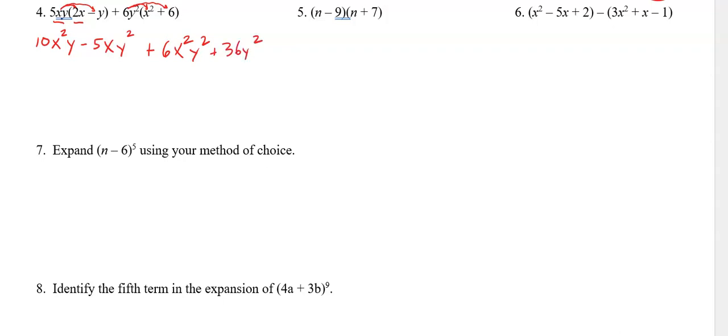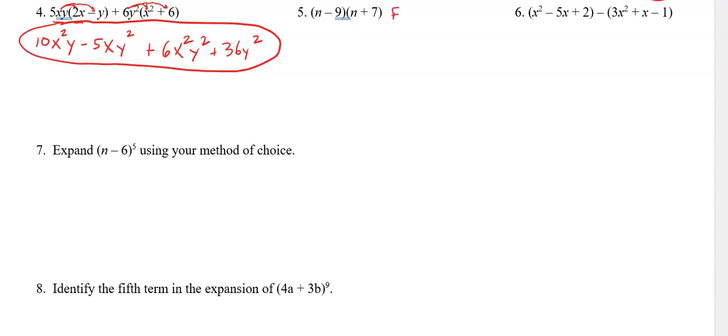And now I'm looking for like terms. Like terms have to have the same variables in them, and those variables have to have the same exponents. Well, looking at this problem, the result, I don't see any like terms. There are no terms that have same variables with same exponents for the variables. So that ends up being my final answer for number 4.